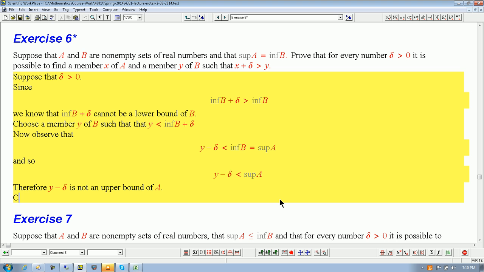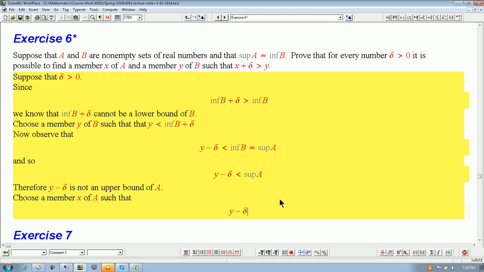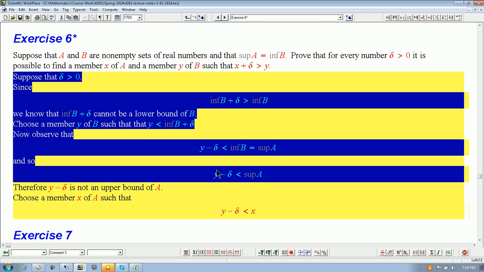Well, when something exists, you can say, choose a member X of A such that y minus delta is less than x, and I believe I have now given you an example of a member of A and a member of B doing this. Reasonable? This inequality. See? Okay? Now, do you understand this proof right now?